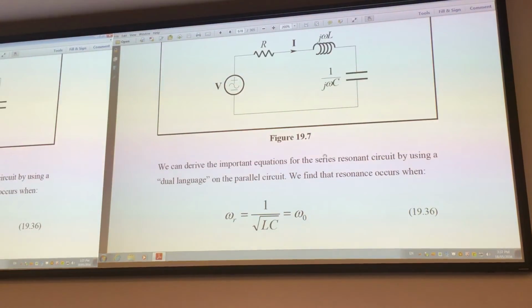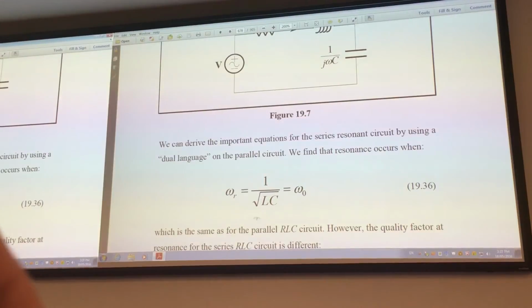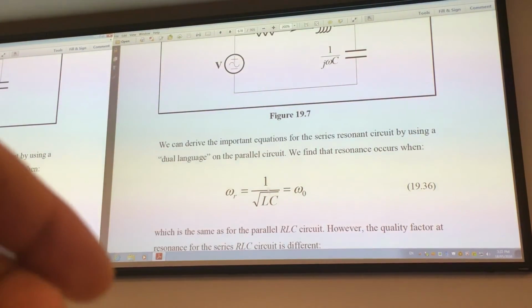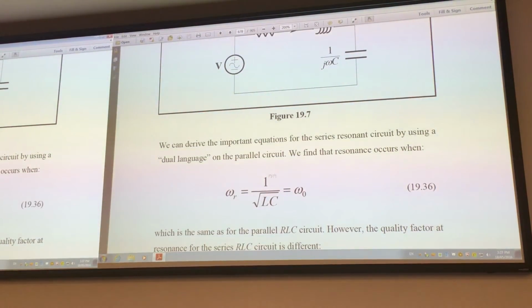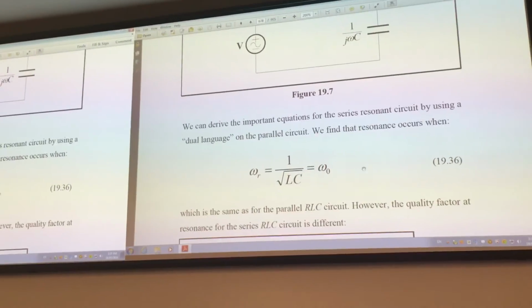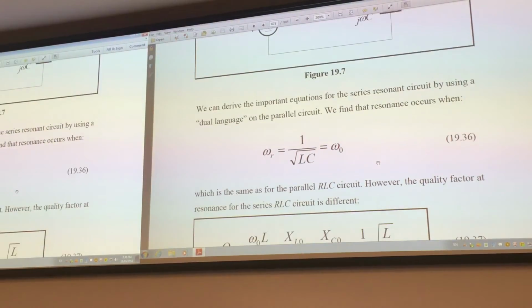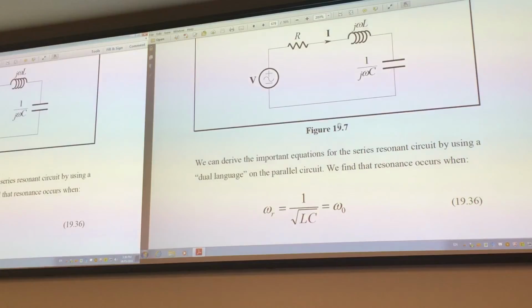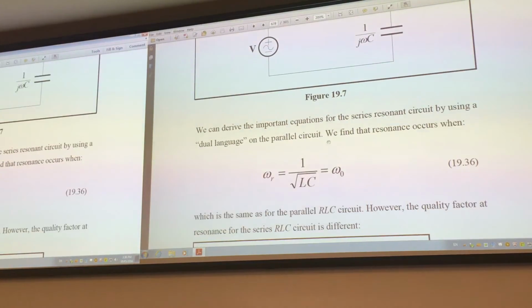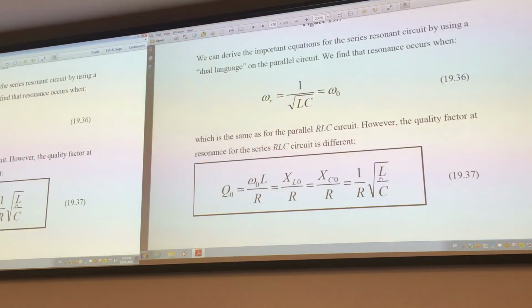They will cancel, and that frequency, strangely enough, is the same as for the parallel circuit, 1 over the square root of LC. We've seen that, and it's also equal to omega 0, which we are familiar with from the differential equation describing the circuit and solving it in the time domain.